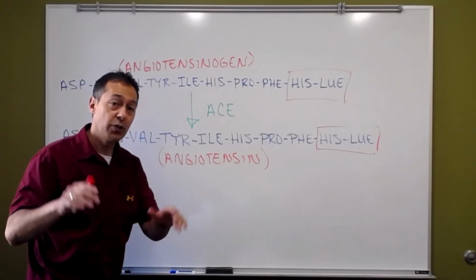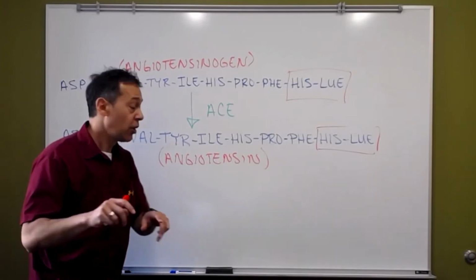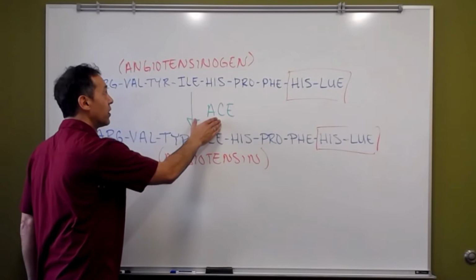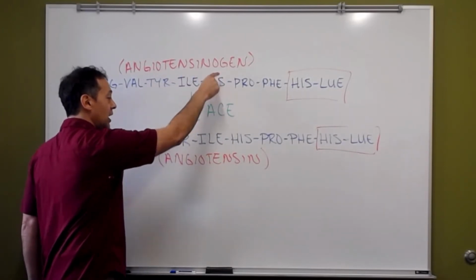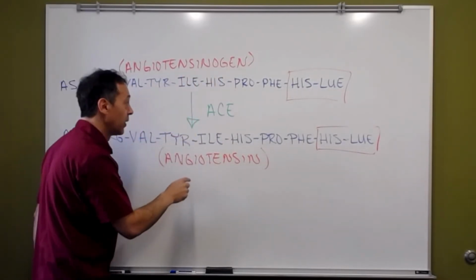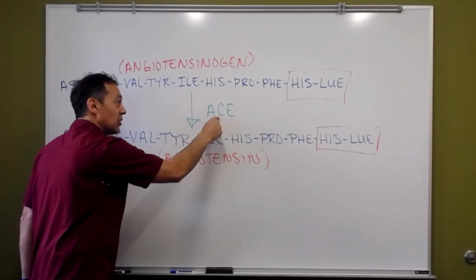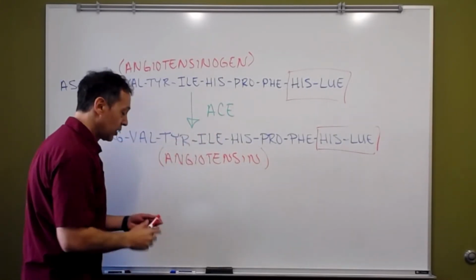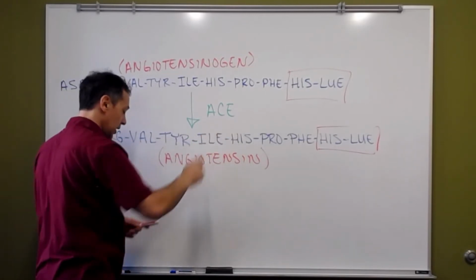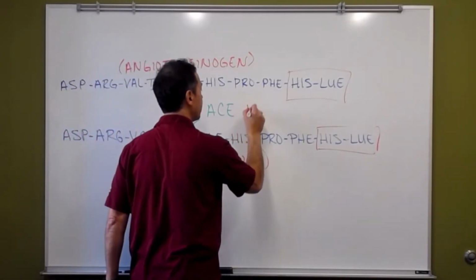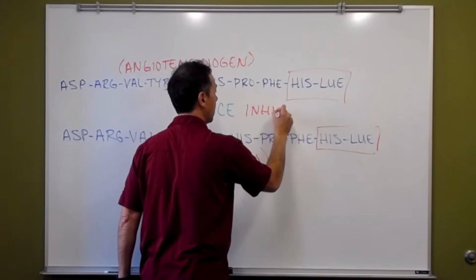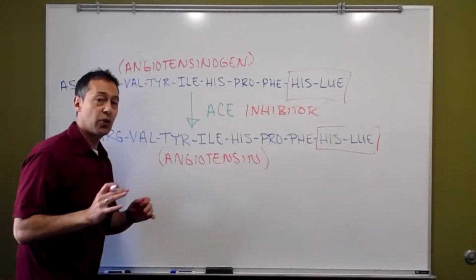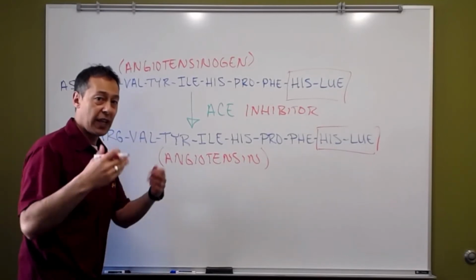So if you want to decrease blood pressure, what you need to do is interfere with the body's ability to convert angiotensinogen into angiotensin. And so by inhibiting this enzyme, you can do that. So there's a class of drugs that does this. They're called ACE inhibitors, and these drugs inhibit this enzyme.